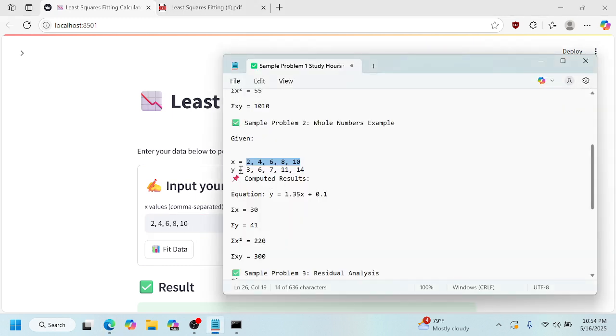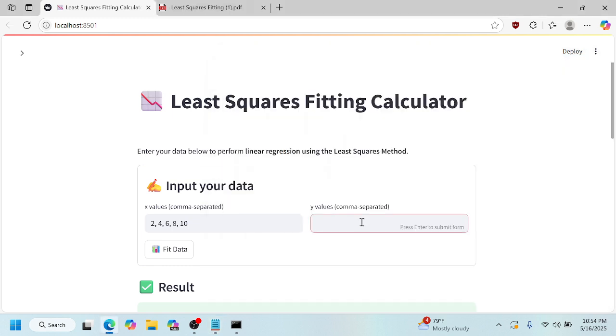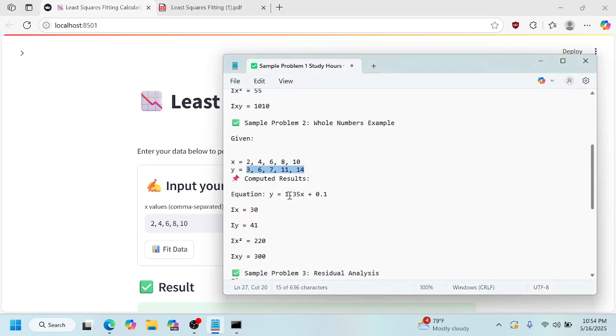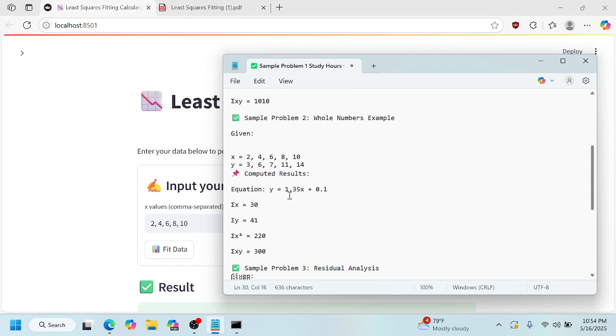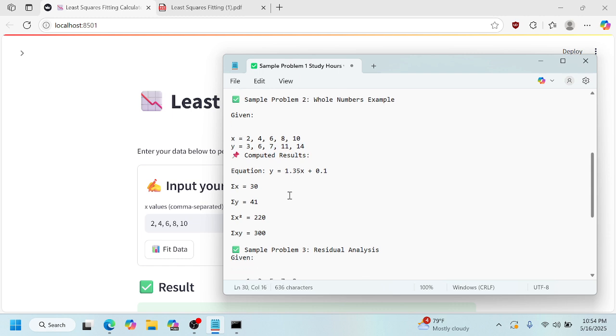And in the y values, we have data points of 3, 6, 7, 11, and 14. So let's check if it matches the calculations of our sample problem in the calculator.